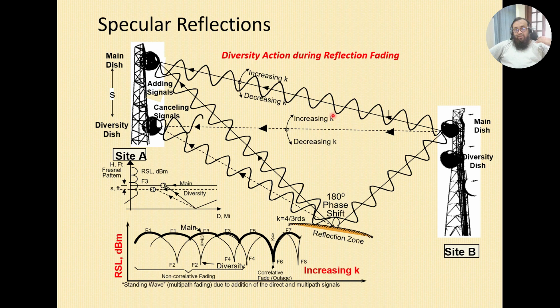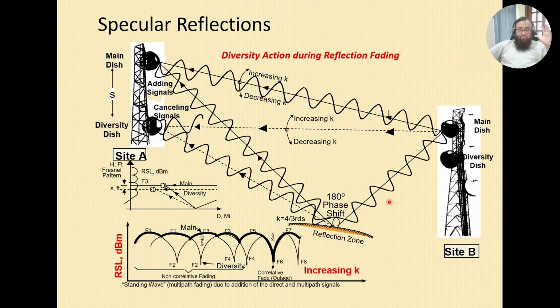So we pan on the normal value of k, which remains for most of the time, and we have an idea that when k decreases, this main will come in line with the diversity dish. Similarly, if k increases, your reflection may start being received on this main dish. But this is only for the understanding of it.